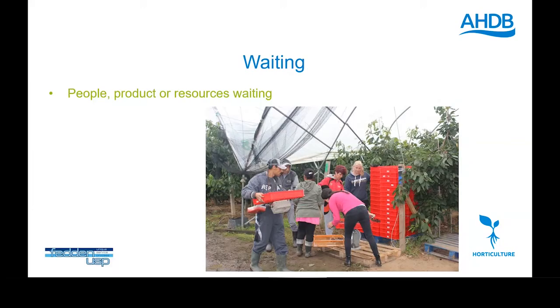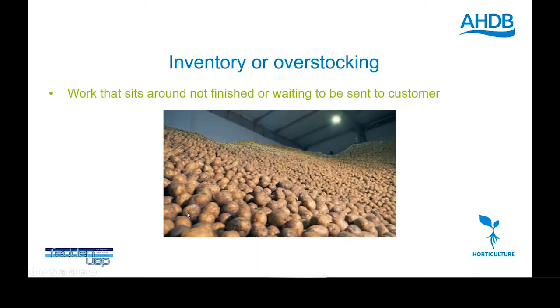So we talked about movement of people, now waiting. So people, product and resources waiting. Often product sits waiting for a batch to finish. It might sit in that bottom tray in this picture. The first tray that was picked has now sat and waited for all of this other stuff to be done before it can be moved to another process, which again is another waste.